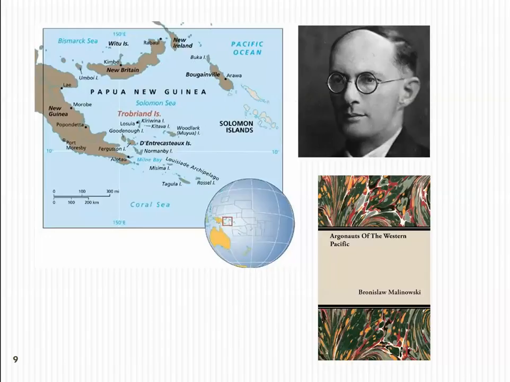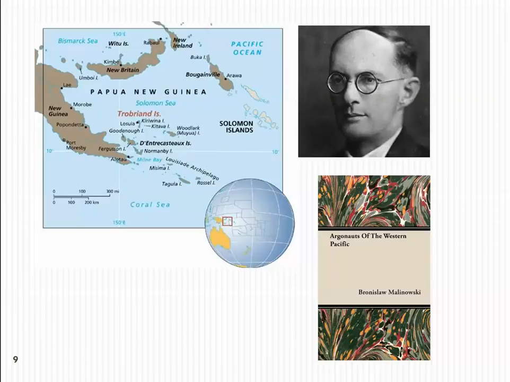Now, another early anthropologist who conducted field work among simpler peoples was a Polish anthropologist named Bronislaw Malinowski. He did his field work among the Trobriand Islands.